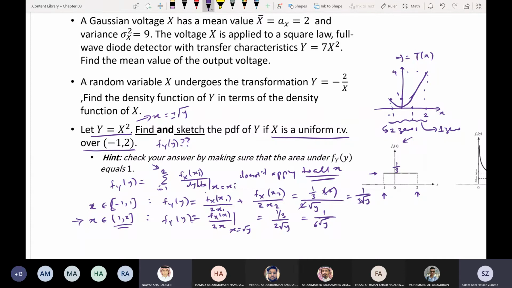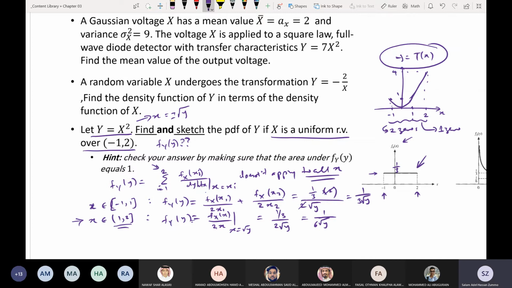Doctor, in this example, we cannot say it is non-monotonic because it is 0 from minus infinity to minus 1, and then it increases from 0 to 1 over 3 at minus 1, and then decreases. لا يا شباب, when we say monotonic or non-monotonic, we mean y equal t of x, the function. The PDF ما لها علاقة تكون monotonic ولا لا.